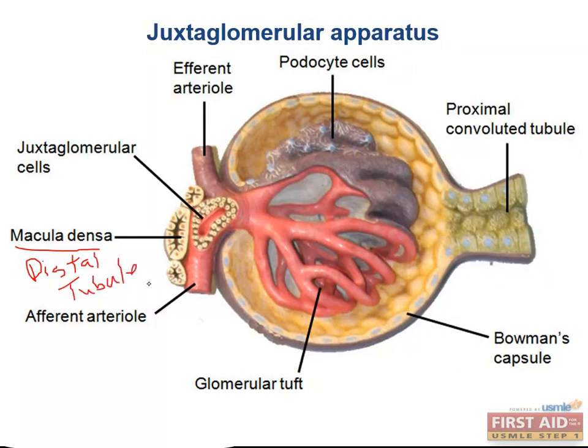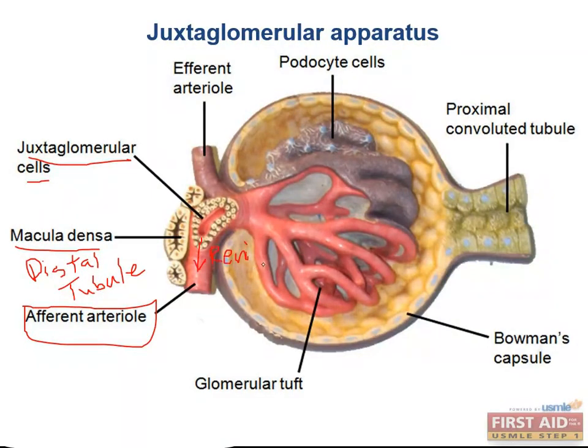And the JG cells, the juxtaglomerular cells, sense the blood pressure in the afferent arteriole. Now, reduced blood pressure is going to lead to reduced sodium delivery to the distal tubule. So both the JG cells and the macula densa cells are ultimately detecting the same thing, which is the blood pressure of the body.